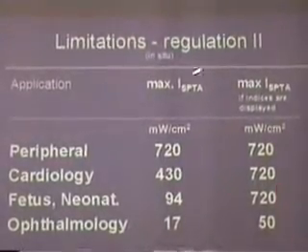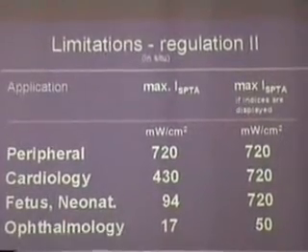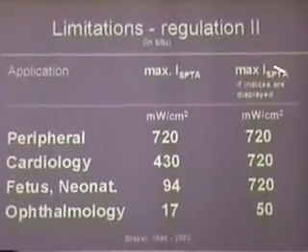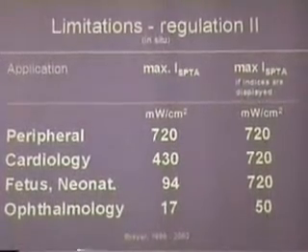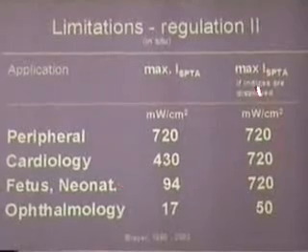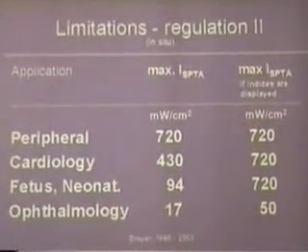So, this is what you should have on your machines. If your machine is made in such a way that it does show the thermal indices and the mechanical index, then you may have, except for ophthalmology, 720 milliwatts per square centimeter.